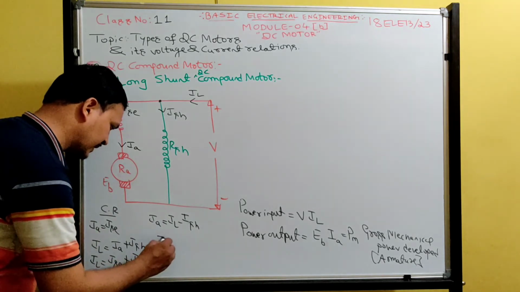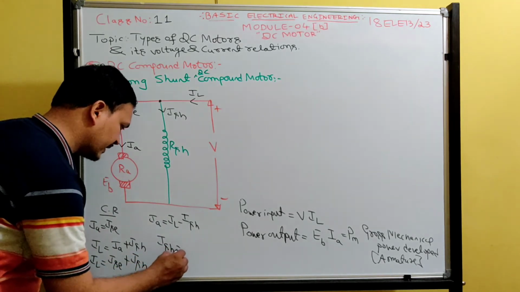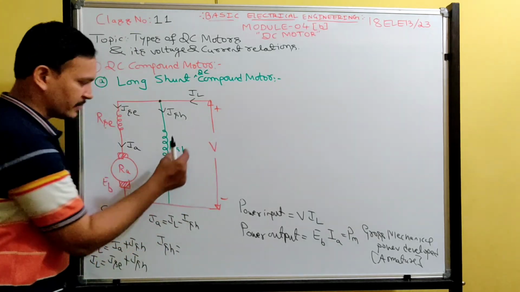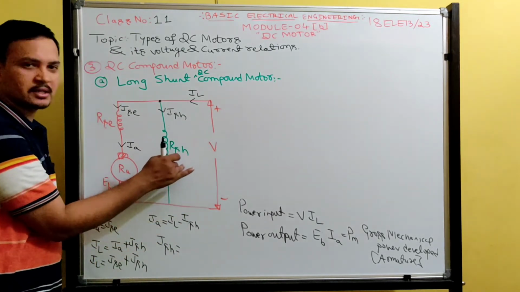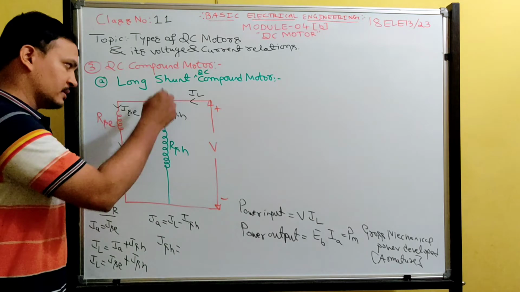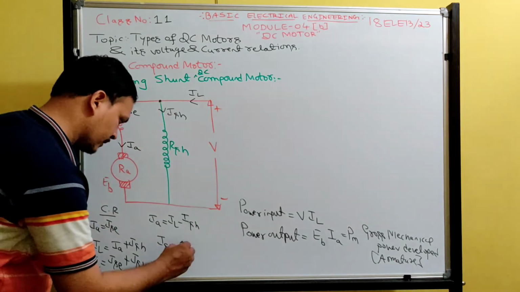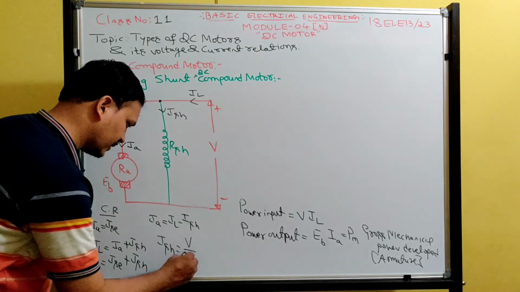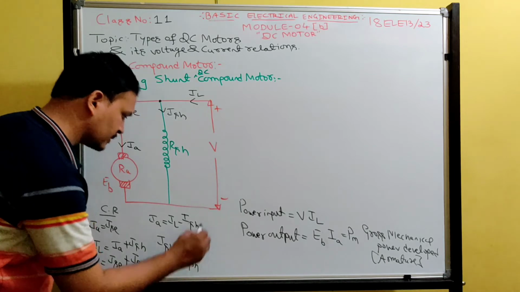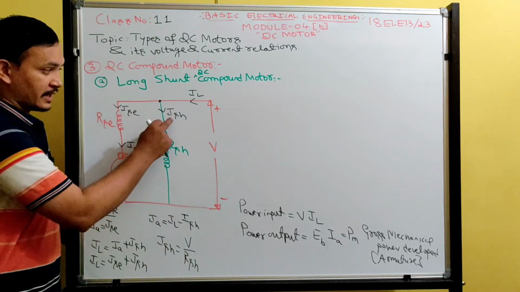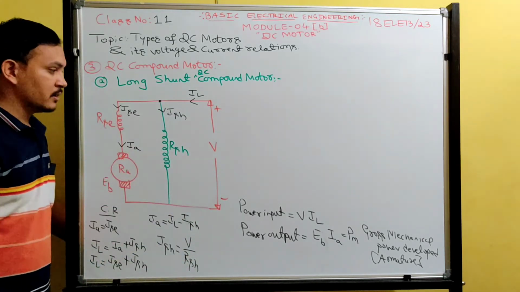Then how to find ISH? Supply voltage divided by this resistance. This voltage by this resistance gives the current in the shunt field winding. So V divided by RSH is the current flowing in the shunt field winding.